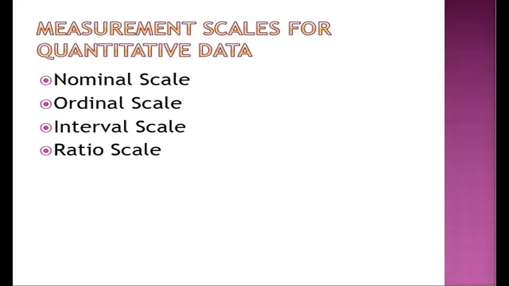Interval scale is a scale in which the levels are ordered and each numerically equal distance on the scale has equal interval differences. It is an extension of the ordinal scale with the main difference being the existence of equal intervals.